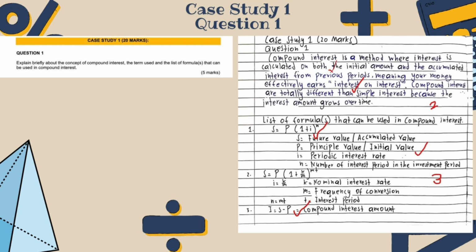The second one: S equals P(1 + k/m)^(mt). To find k/m, we first need to find i. K is the nominal interest rate, m is the frequency of conversion, and t is the interest period. Next, I equals S minus P, which is the compound interest amount.